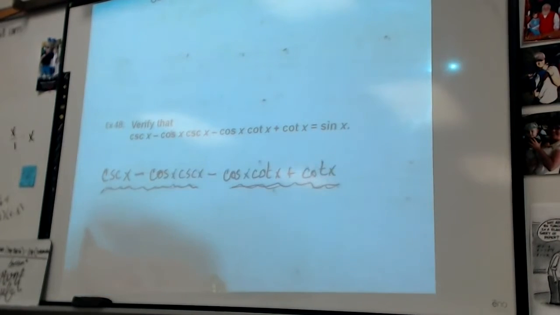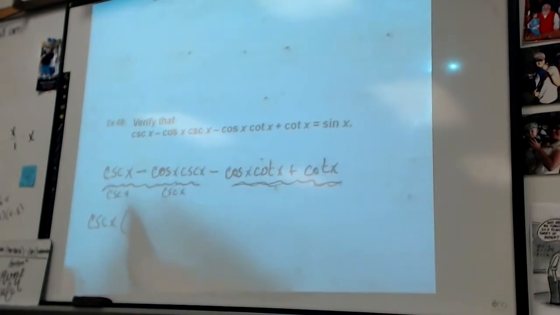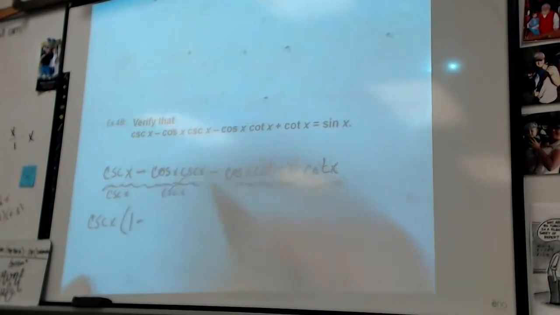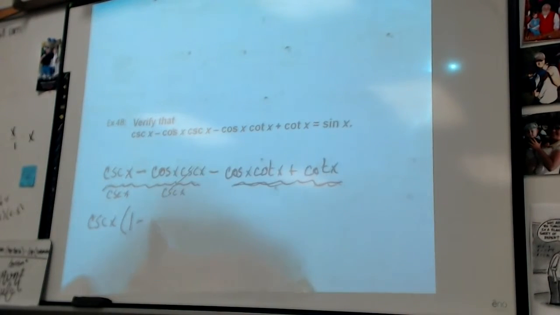Cosecant x. So factor out a cosecant x, which means I'm dividing both of these by cosecant x. What do I have left here? 1, good, because cosecant x over cosecant x would be 1. Minus, and what do I have left here? Cosine x.